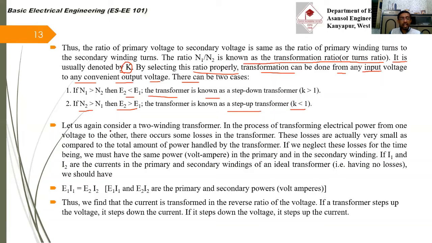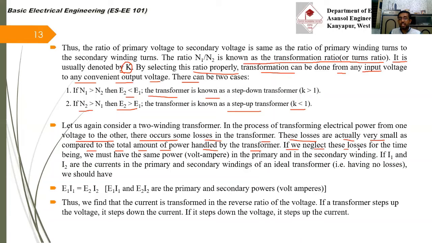Now let us again consider a two-winding transformer in the process of transforming the electrical power from one voltage to the other. There occur some losses in the transformer also. These losses are actually very small as compared to the total amount of power handled by the transformer.